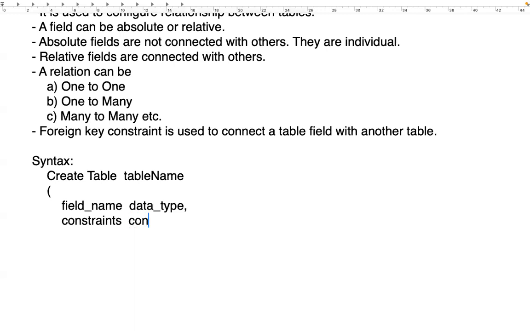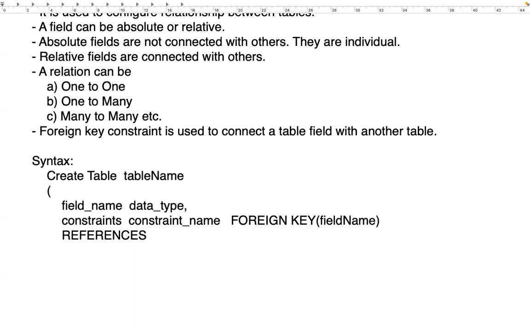So we have constraint name, constraint name, foreign key, just roughly, field name, references, table name and field name.